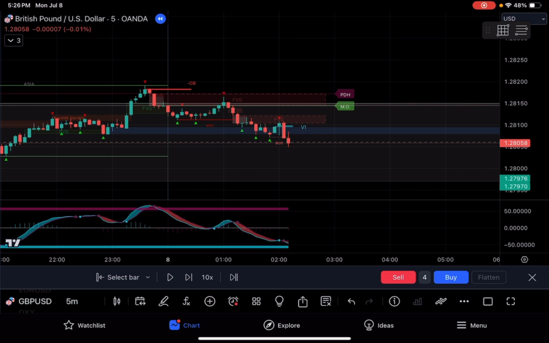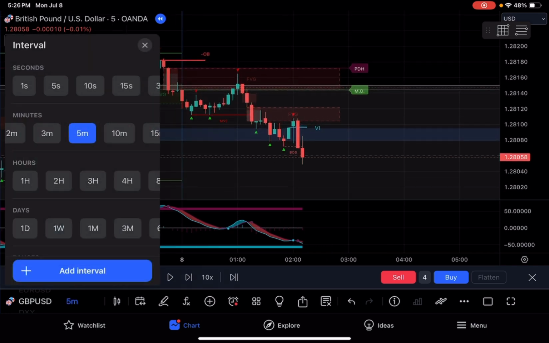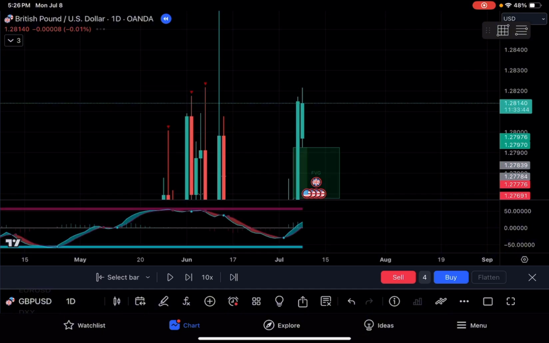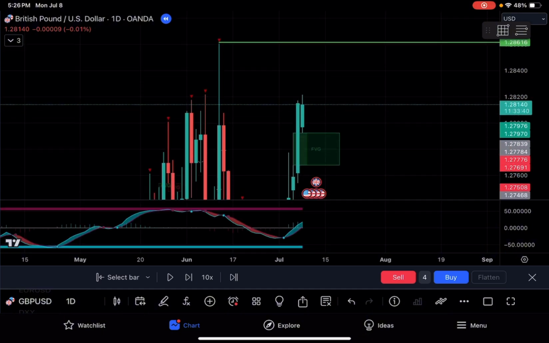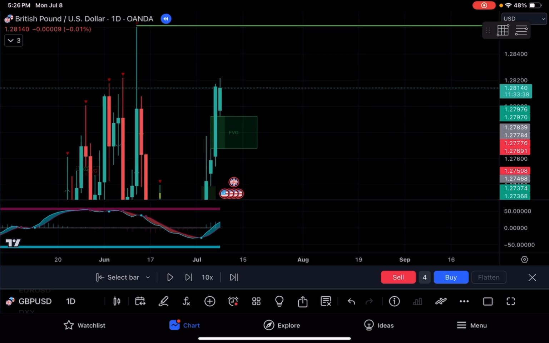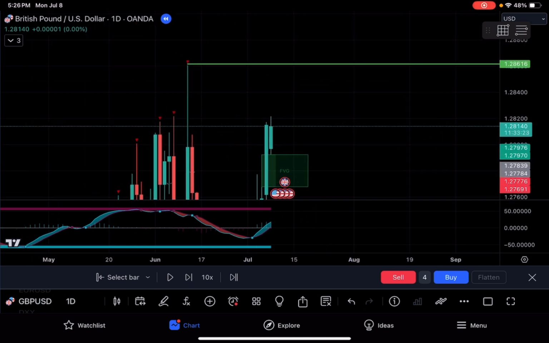Now let me show you a trade I took on GBP USD. But before I take a trade on the 5-minute, I usually look at my daily bias. So on the daily bias, I usually use ERL to IRL. So what is ERL? ERL meaning external range liquidity, and IRL meaning internal range liquidity. So internal range liquidity is fair value gap, so higher time frame fair value gap.